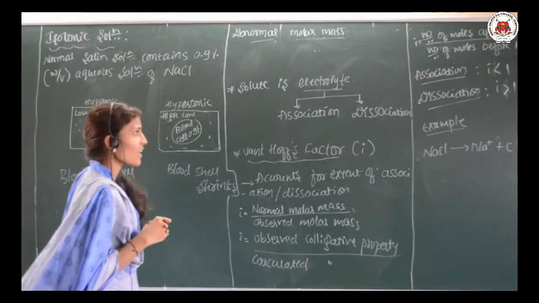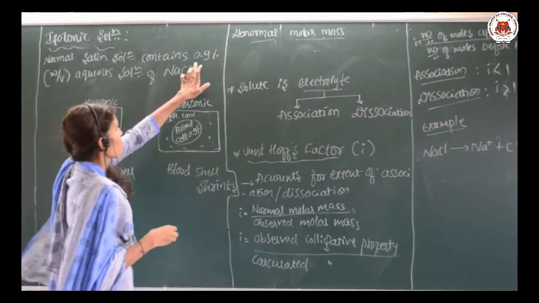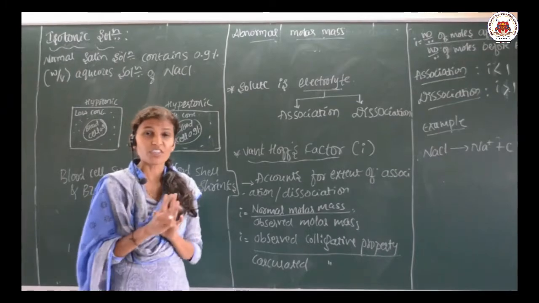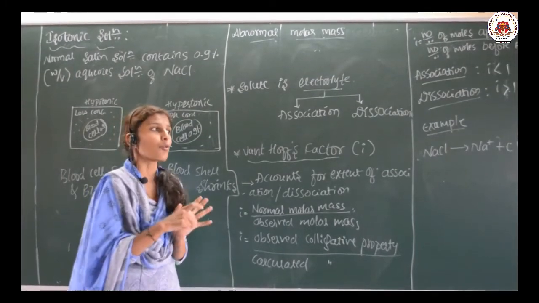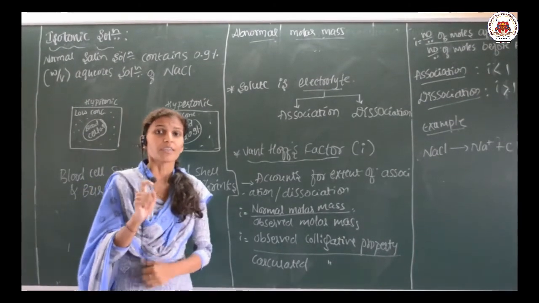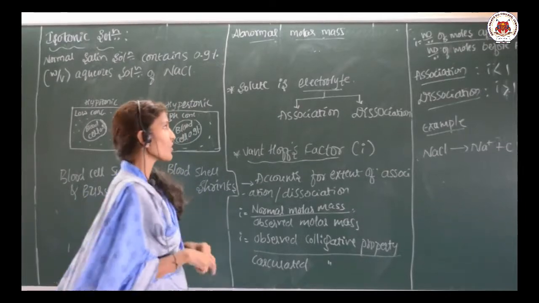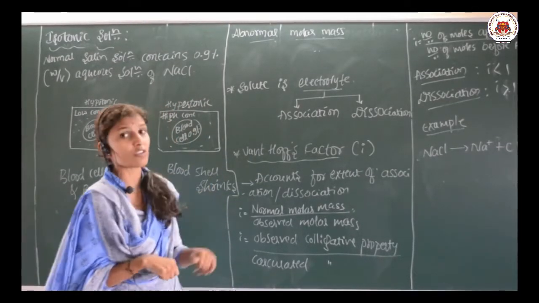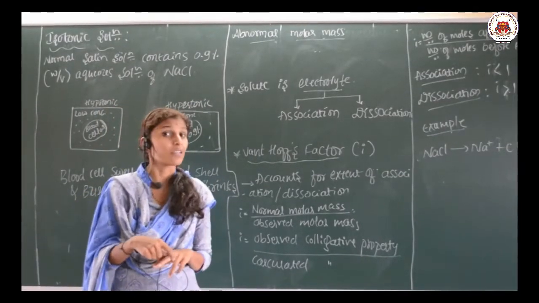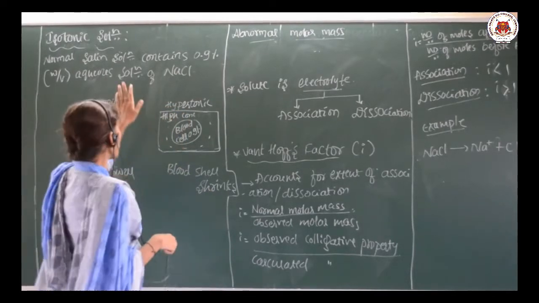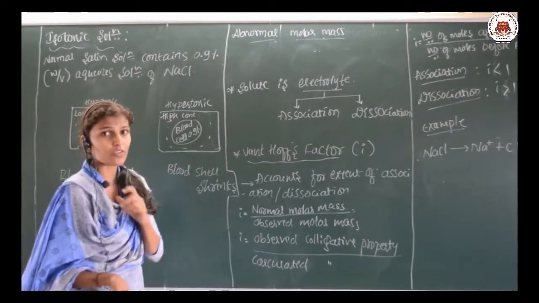The normal saline solution has a concentration of 0.9%, which is similar to the fluid of the blood cell. Even the blood cell fluid has the same osmotic pressure, the same concentration is maintained there also. So this is the example for the isotonic solution.